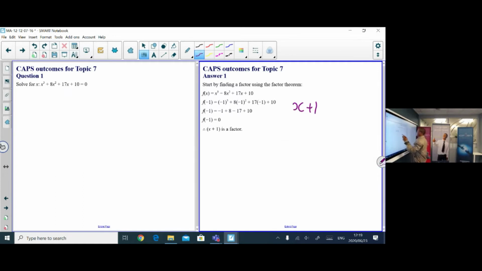Which means I'm using that root to check if x plus 1 is a factor. In doing that, you see that the function gives me 0, which means that x plus 1 is a factor. But I'm expecting to solve this with 3 factors and actually get the solution.